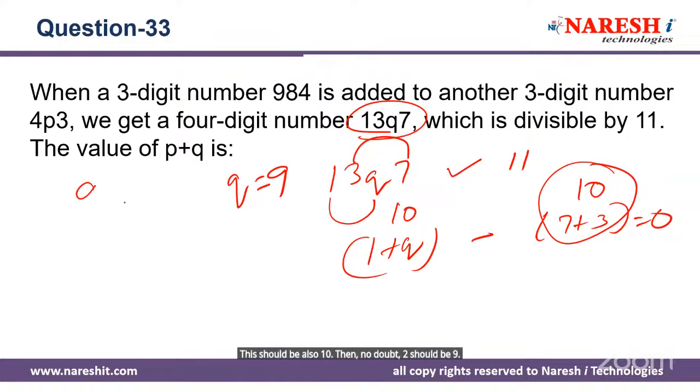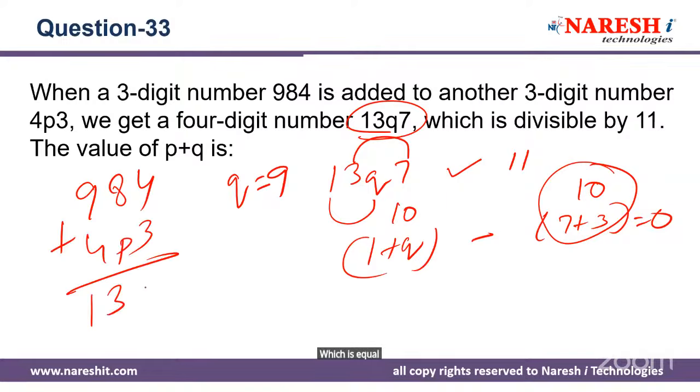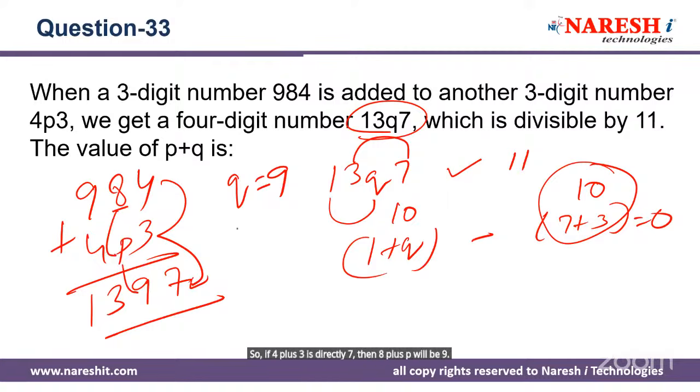Now they're adding 984 plus 4P3, which is equal to 13Q7. Already I calculated Q as 9. So if 4 plus 3 is directly 7, then 8 plus P will be 9. Then the only possibility is that P should be 1. So what is P plus Q? P plus Q value is 10.